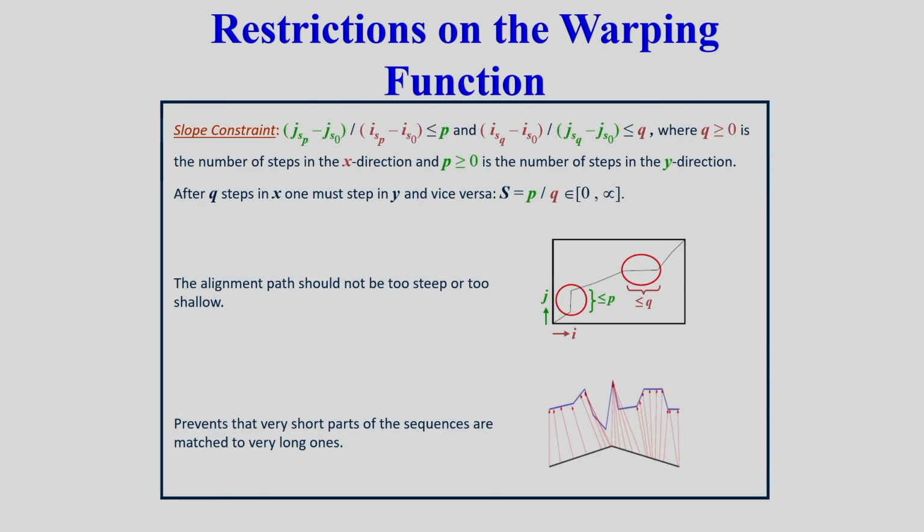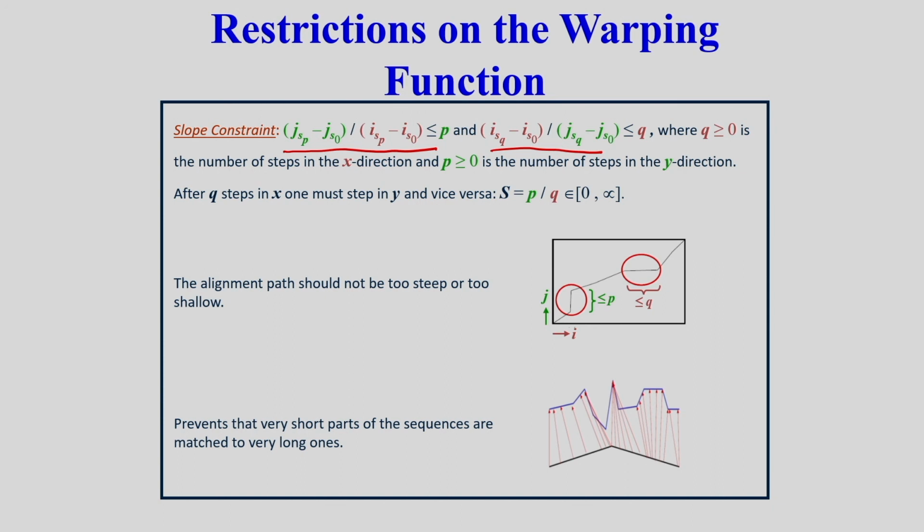And finally the last constraint, that is the slope constraint, I am considering. So in this equation you can see I am considering the slope. So what is P? P means the number of steps in the y direction, and what is Q? Q is the number of steps in the x direction.